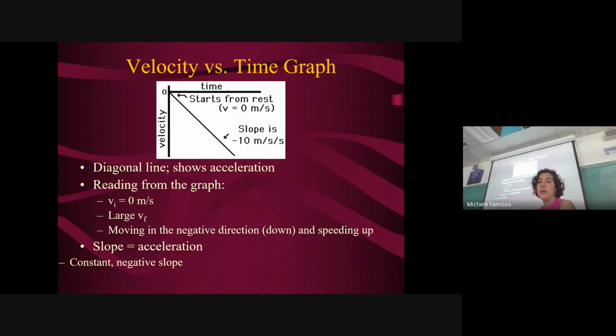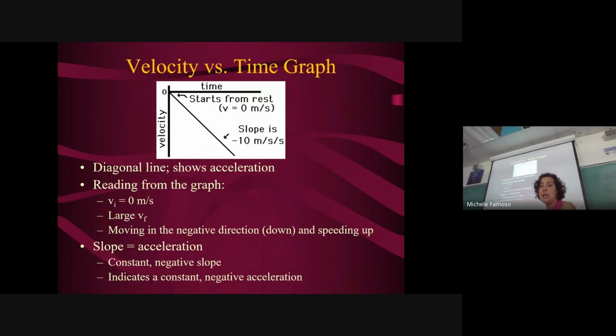So notice that we have a negative slope that doesn't change throughout the entire line. What that means is we have a constant negative acceleration, and that acceleration is about negative 10 meters per second squared here on Earth.